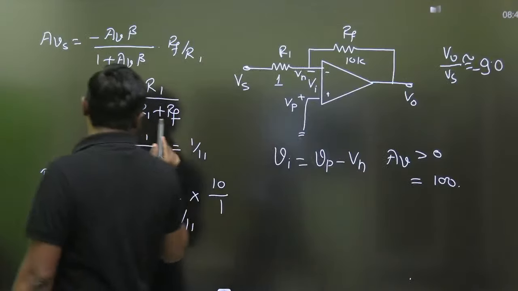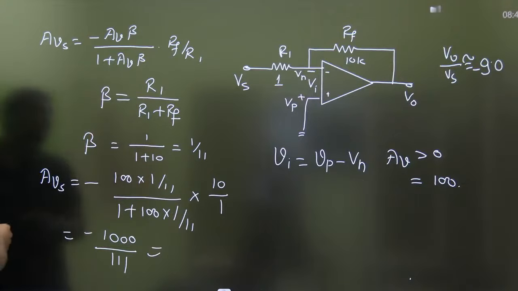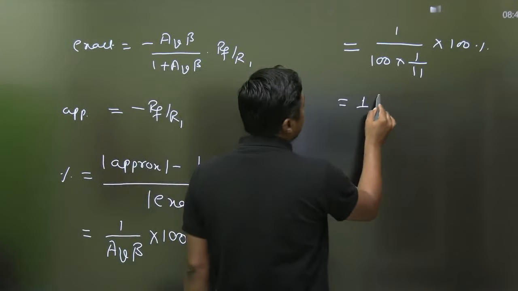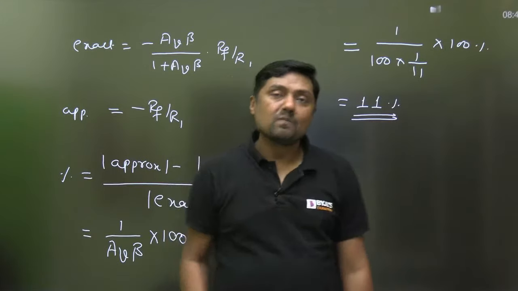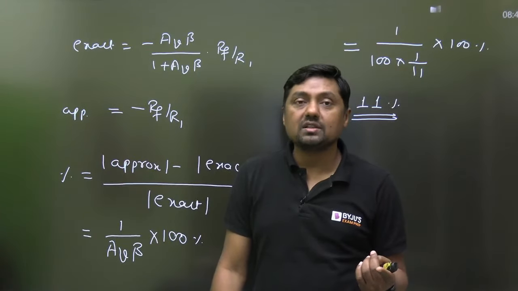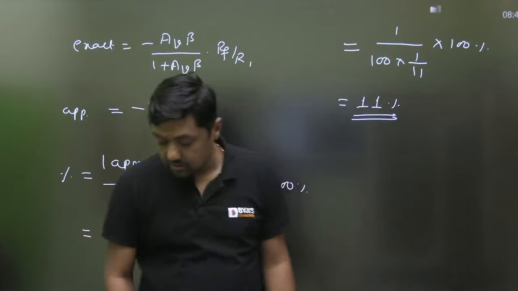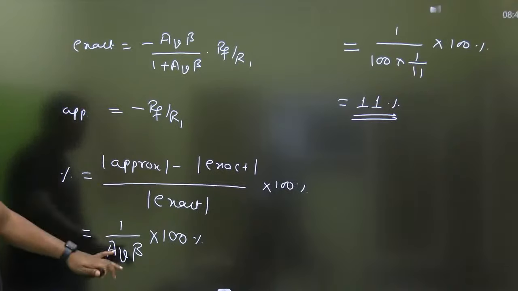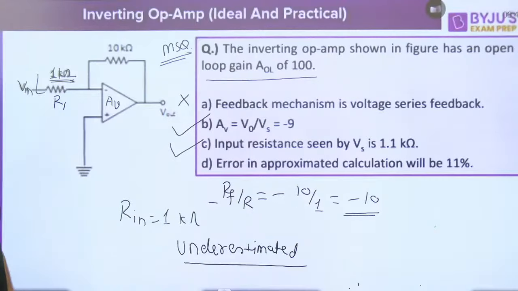AV is given as 100, and already we have calculated beta equal to 1 by 11. So what is the error? 11% error. If we are doing the approximate analysis, the mistake will be 11%. Okay, so that is just the general formula. Remember 1 by AV beta into 100%, and you can find the error, 11%.